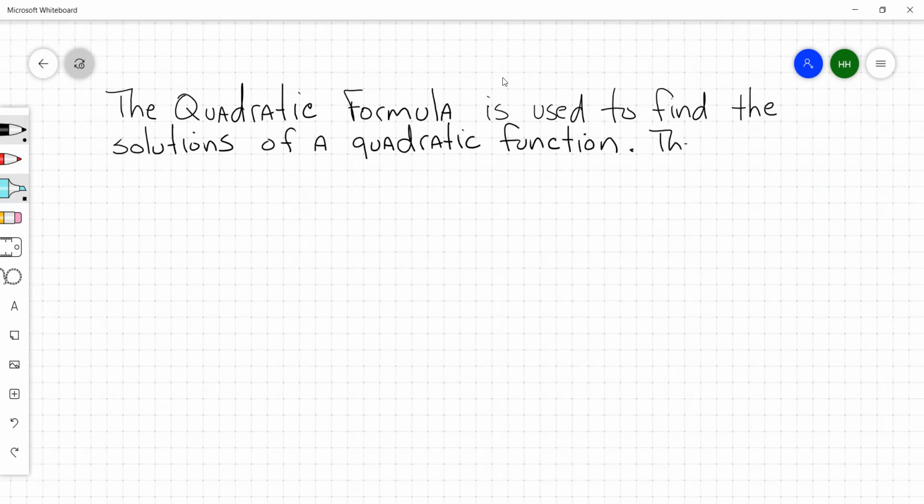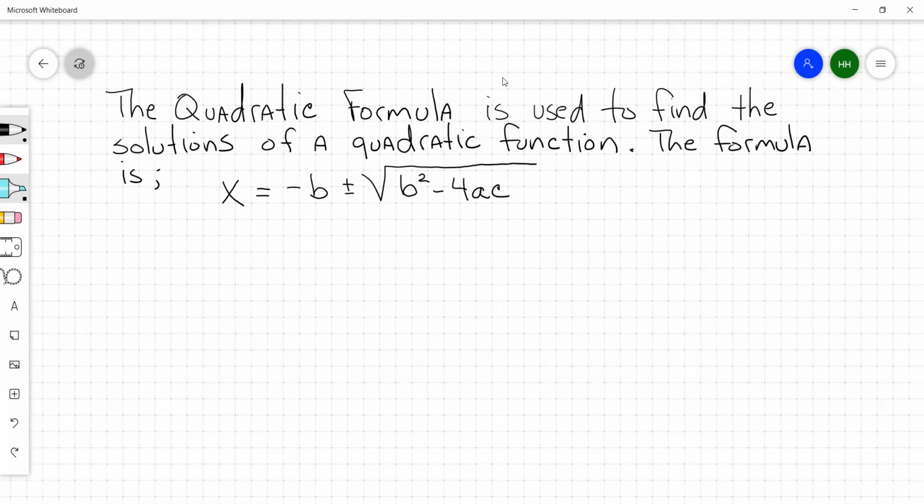The formula is x is equal to the opposite of b plus or minus the square root of b squared minus 4ac, all of it divided by 2 times a.